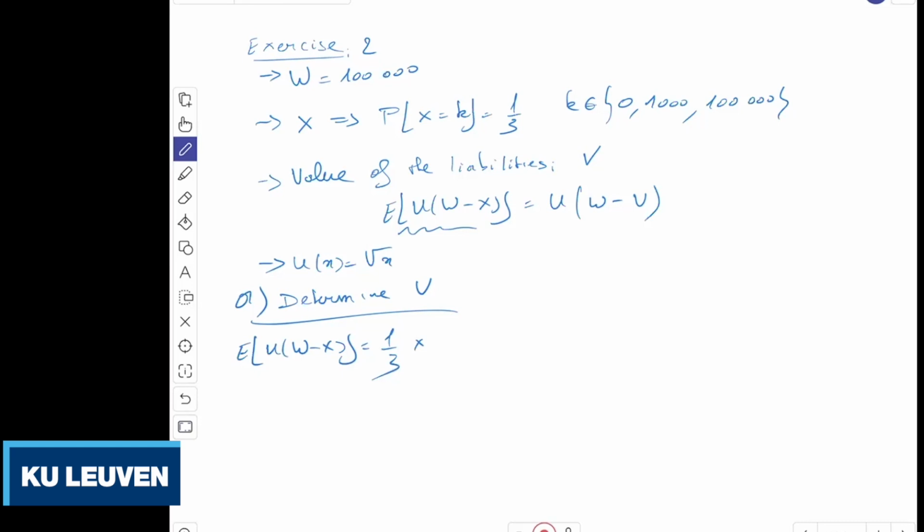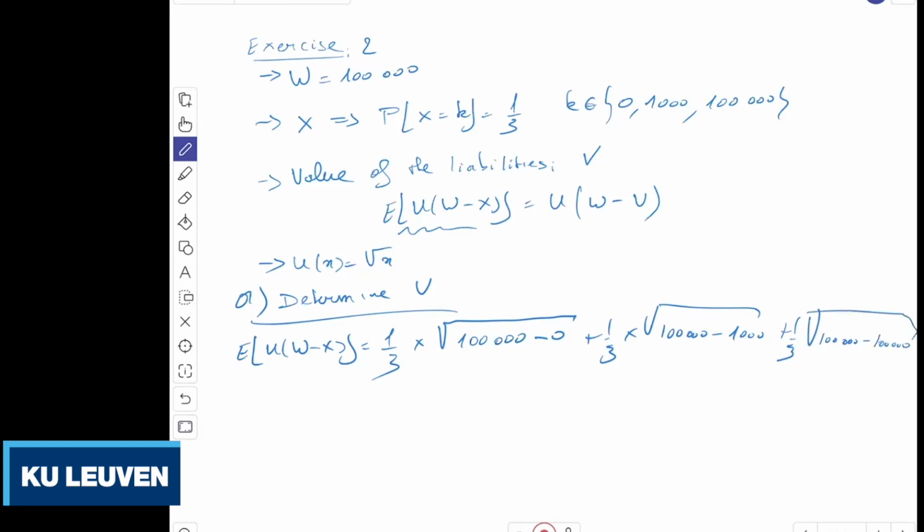So in case X is equal to 0, you get the square root of 100,000 minus 0, times the probability 1 over 3. Plus probability 1 over 3, the situation where you have 100,000 but now you suffer a loss of 1,000. Plus 1 over 3, you have 100,000 and you suffer a loss of 100,000. This is your expected utility.